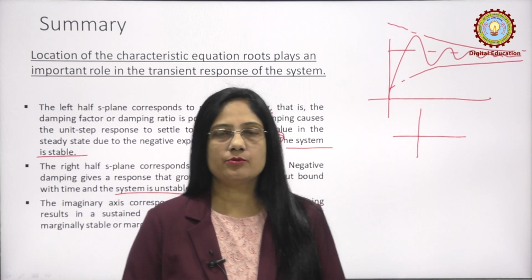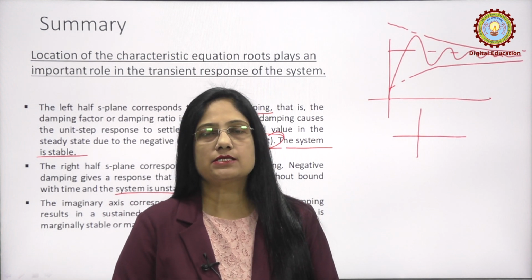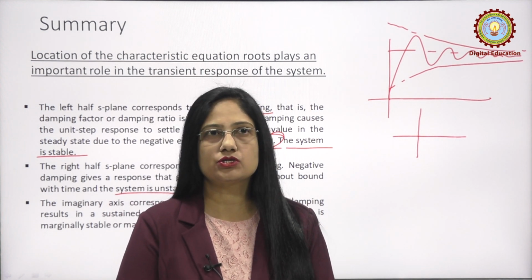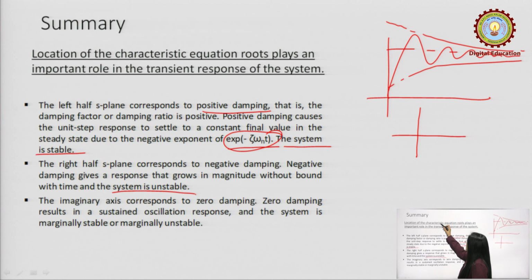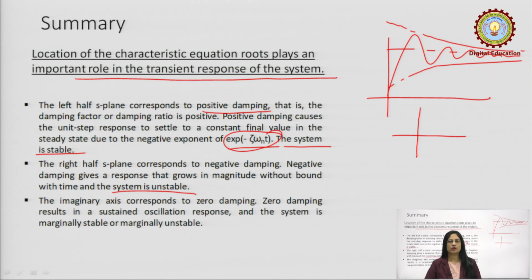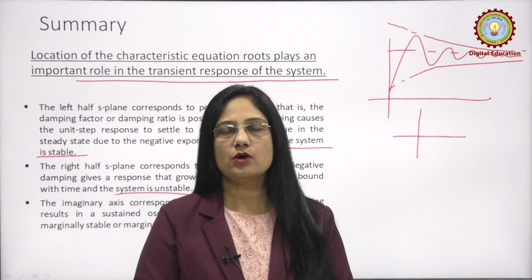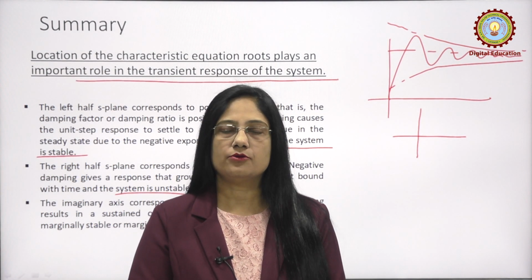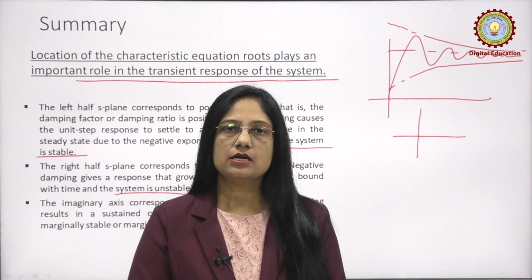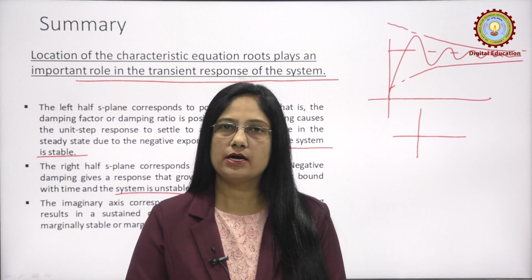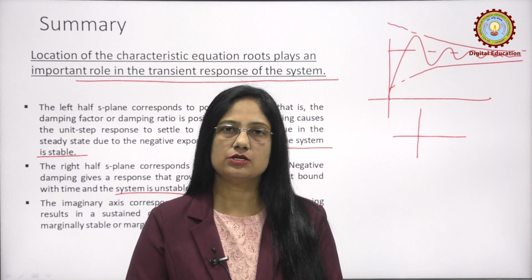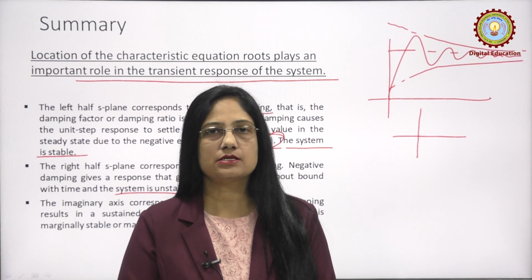So, this slide basically tells us about the summary of the location of the roots, that is the location of the characteristic equation roots, which plays an important role in the transient response of the system. So, the damping factor, the damping ratio, and the role of zeta, that is zeta equal to 0, zeta equal to 1 or zeta lying between 0 and 1, is discussed here.